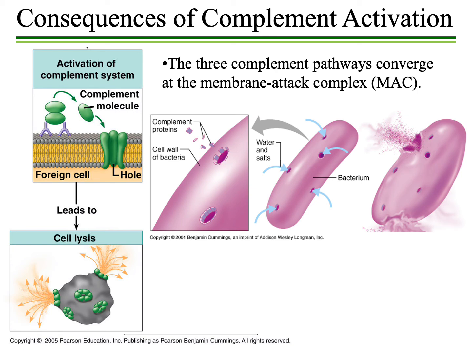Once these holes have been formed, that allows for water and salts to move in very easily into the cell through these openings that have now been generated. Because of that, the pathogen eventually becomes full of water, swells, and eventually bursts open. So this leads to the destruction of that pathogen.